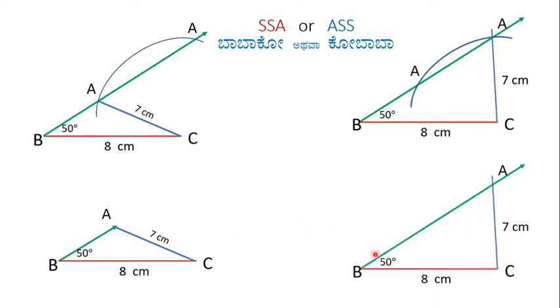So this is the triangle with the 7, 8 and 50. Here also the sides are 7, 8 and 50 degrees. Look, this is such a small triangle. This is such a big triangle. It's all because the angle given is not an included angle between the given two sides.